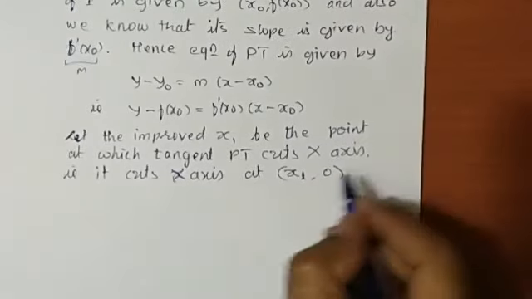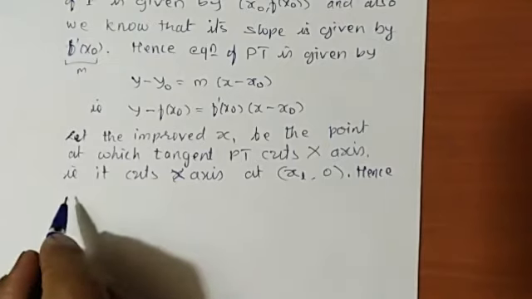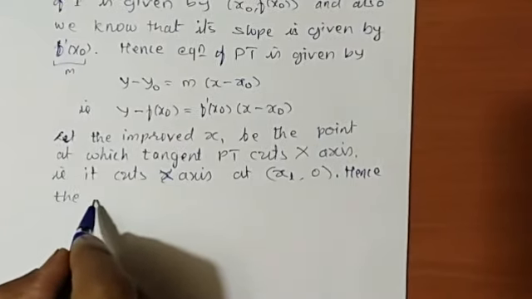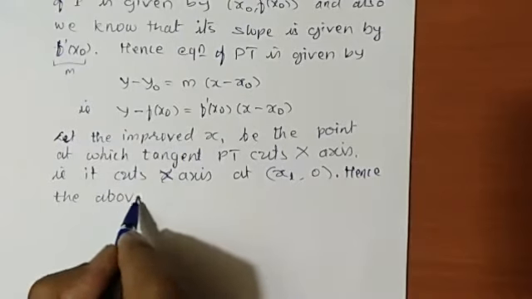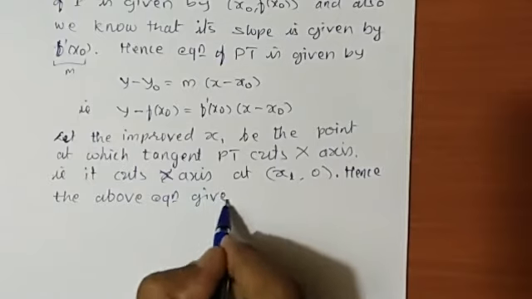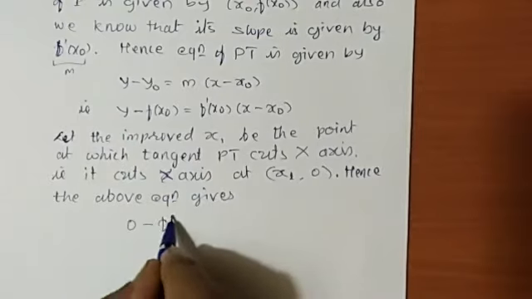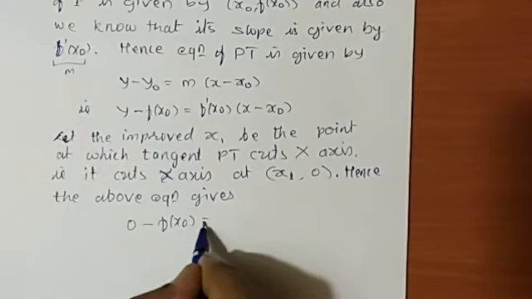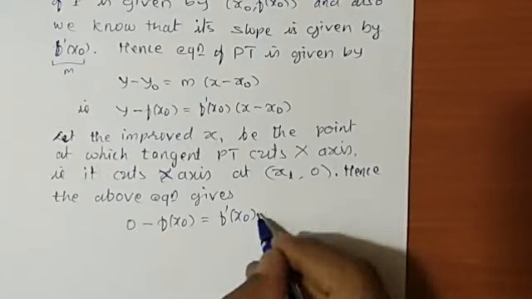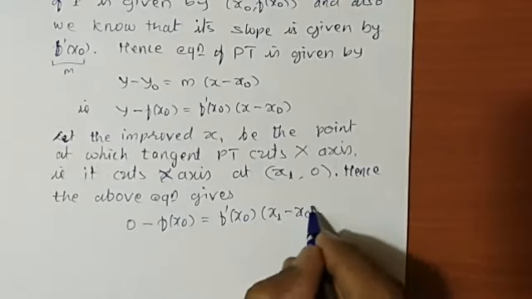Therefore, hence, the above equation gives the y value is 0 minus f of x naught is equal to f dash of x naught times x1 minus x naught.